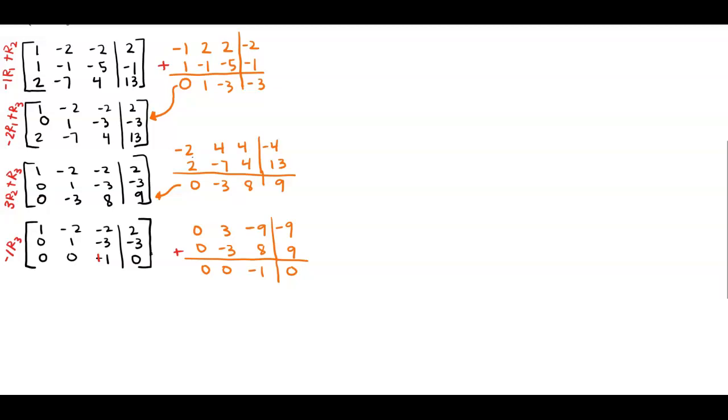So row 1 really says x, because my first column is my x's, minus 2y, because my second column is my y's, minus 2z equals 2. My second row is just going to say y minus 3z equals -3. And then my last row says z equals 0.